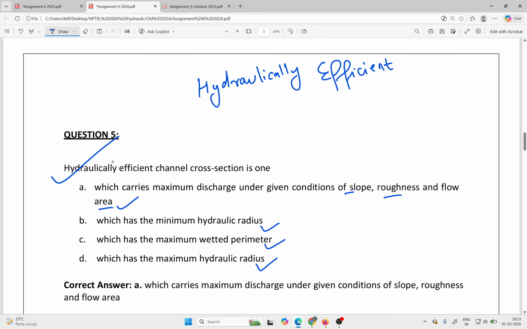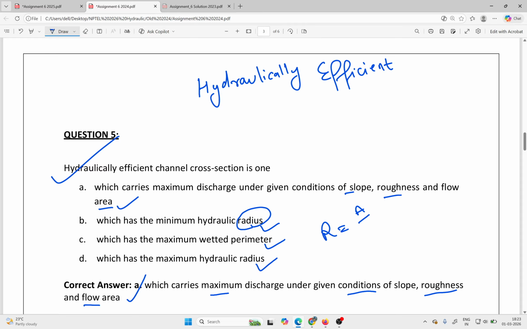Now the hydraulically efficient channel is one which carries, as you can see in option A, maximum discharge under given condition of slope, roughness and flow area. In flow area, all these 3 terms come in. Flow area depends on hydraulic radius, and in hydraulic radius the flow area is already included.